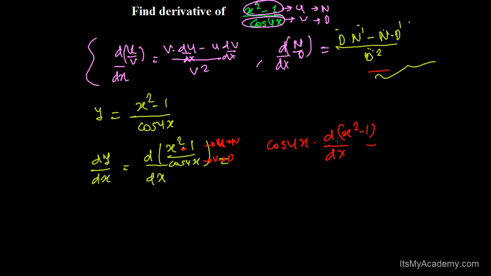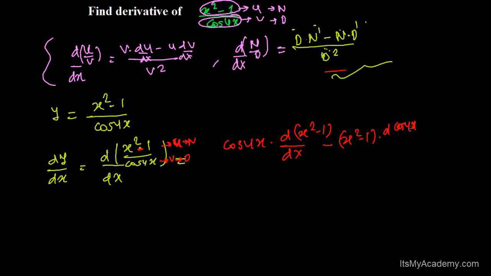Now n means numerator, so I write x square minus 1 times d dash, which is the denominator's derivative, so the derivative of cos 4x divided by dx, and then whole over d square, which means the square of the denominator, cos square 4x. That's it. Now let's solve it.